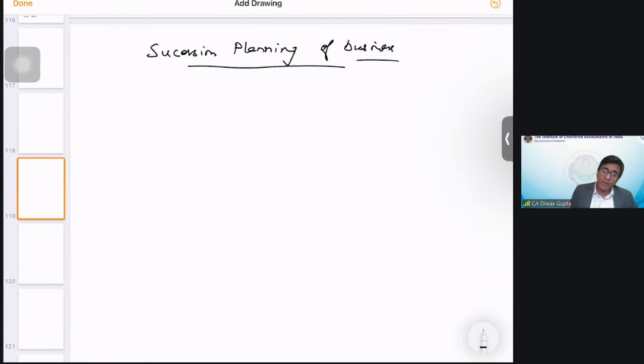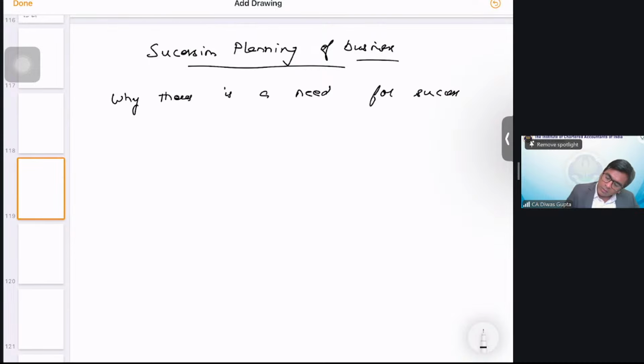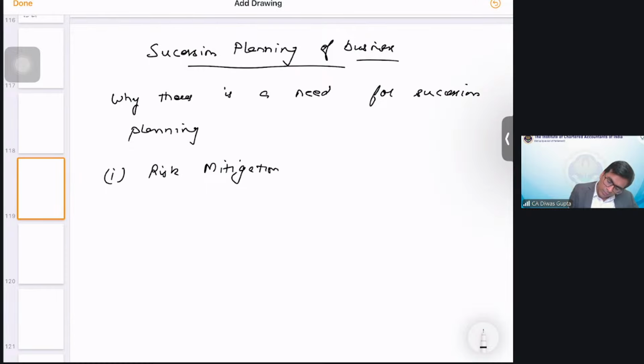So let's try to understand why there is a need for succession planning. One, risk mitigation, right?